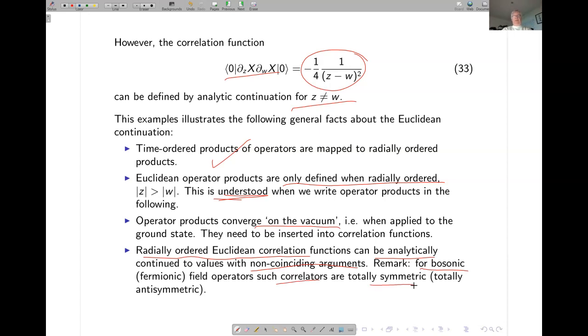They are always symmetric. We won't have the time to talk about fermionic operators, but there the correlation functions would be totally antisymmetric. So if we talked about a Dirac field, this two-point function would be something like 1 over z minus w. And this is, of course, antisymmetric under exchanging z and w.